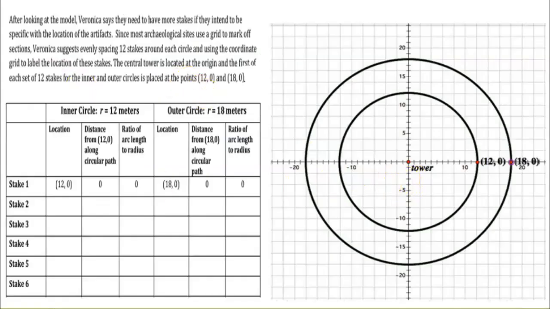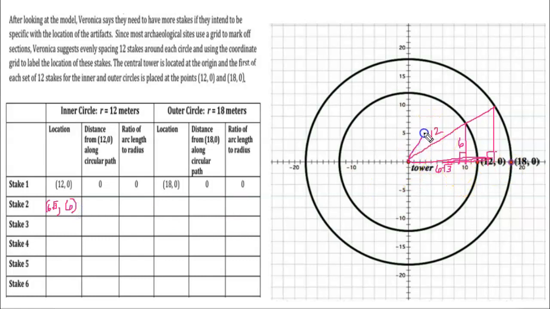So if we go back to our circle and we think about that first stake after we got started, we have our two right triangles here, and we know that this has a radius of 12, so the smaller side must be 6, and the longer side must be 6 square roots of 3. So for stake number 2 on the 12-foot circle, it looks like our x-coordinate will be 6 square roots of 3, and our y-coordinate is going to be 6.